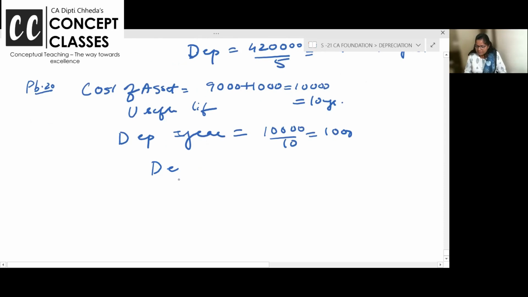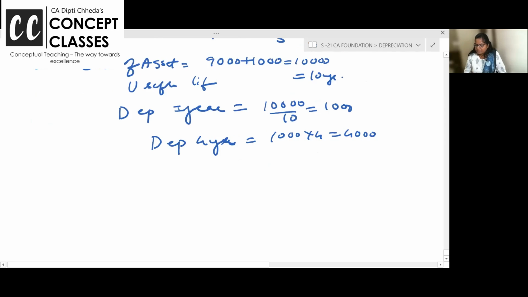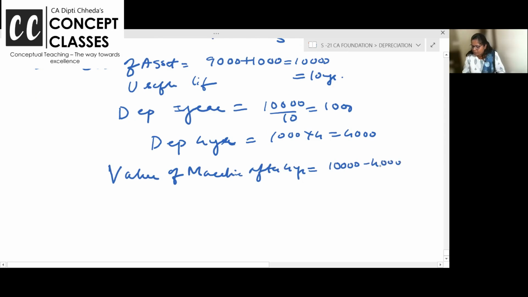Now what is the depreciation for 4 years? 1,000 into 4, that is 4,000. After 4 years, what is the WDV? Value of machine after 4 years: 10,000 minus 4,000, that is 6,000.